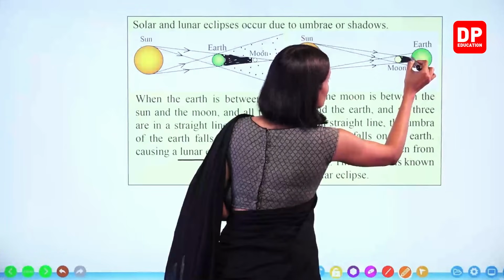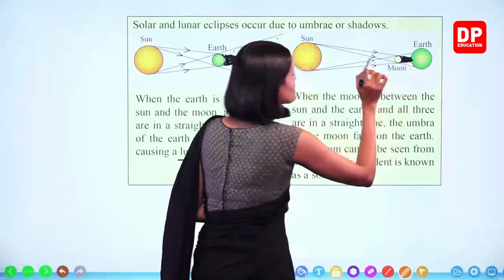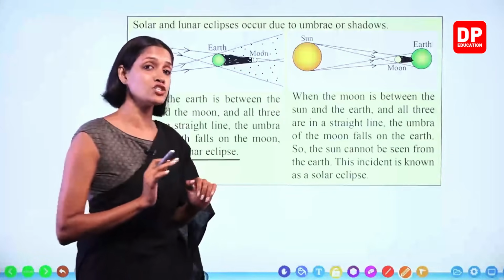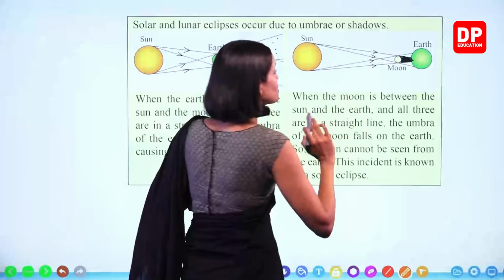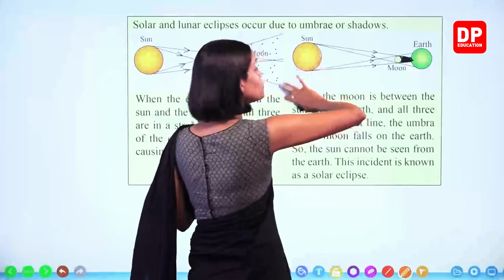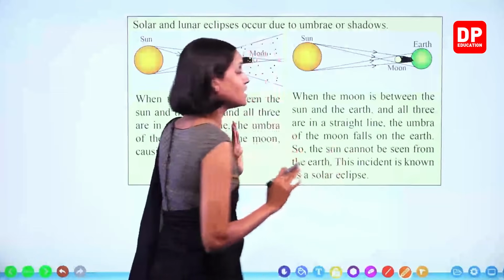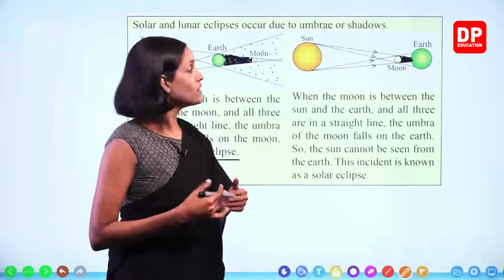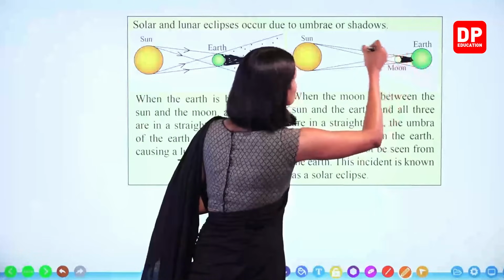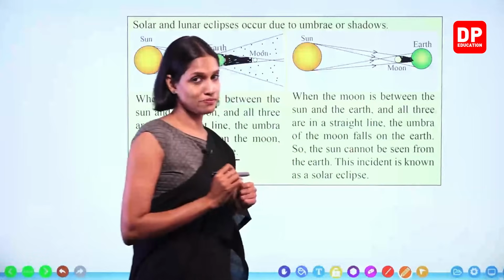So people who are here in this little part cannot see the sun at all because sunlight is totally blocked by the shadow of the moon, and the moon's shadow falls on the earth, and therefore it's just like night time, right? This little part does not receive any sunlight, right?